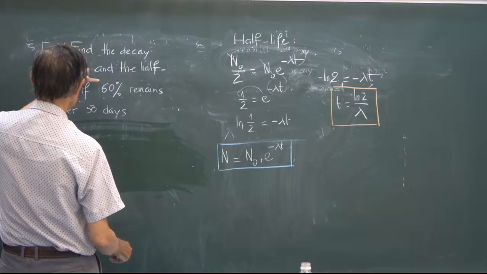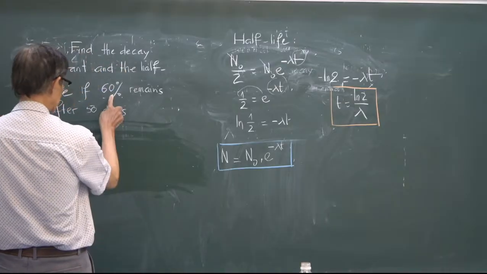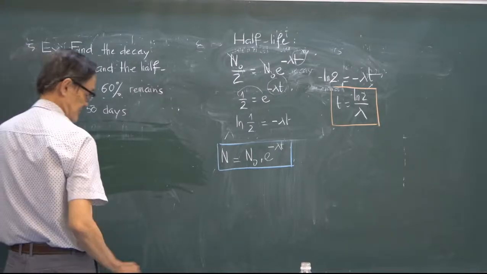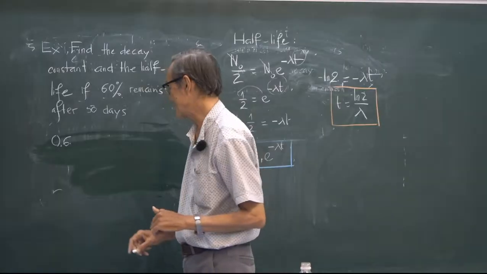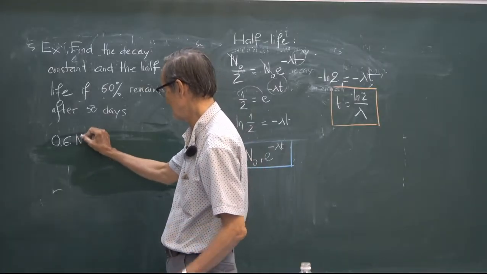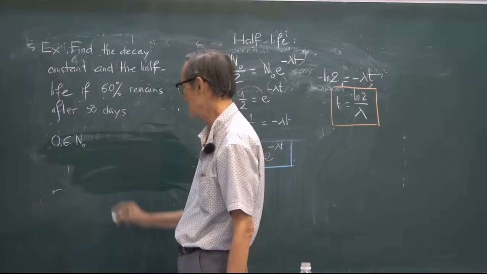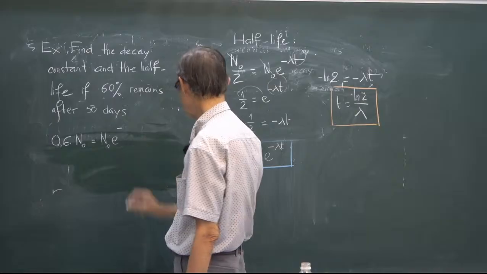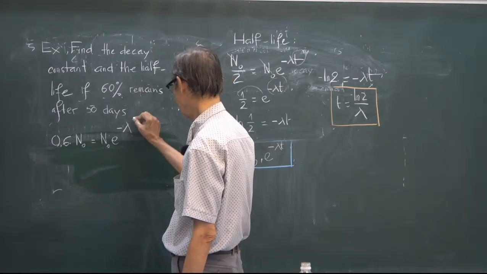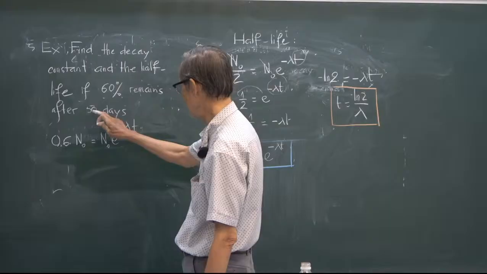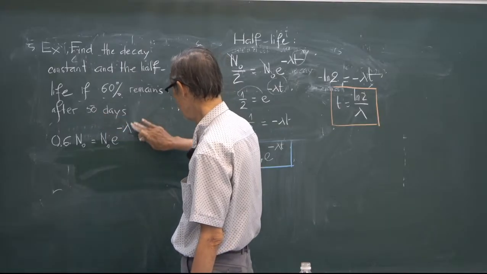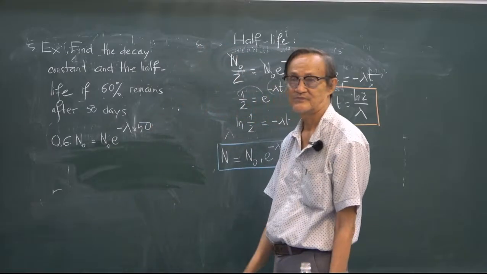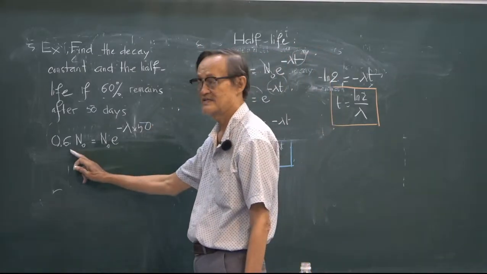Now, 60% remains. 60%, 0.6 N0, okay, equals N0 e power minus lambda t. T here is 50 days. Remain 60%.